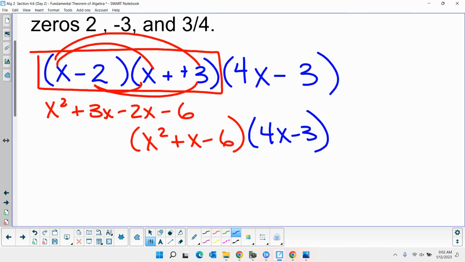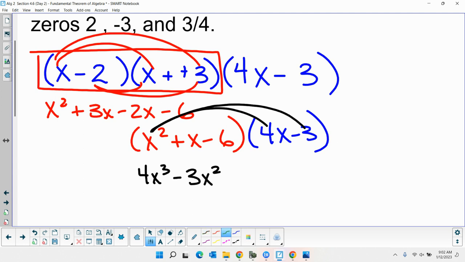Okay? And then I got to multiply those 2. All right? So x squared times 4x is 4x cubed, and x squared times negative 3x is negative 3x squared. And then x times 4x is positive 4x squared. And x times negative 3 is negative 3x.